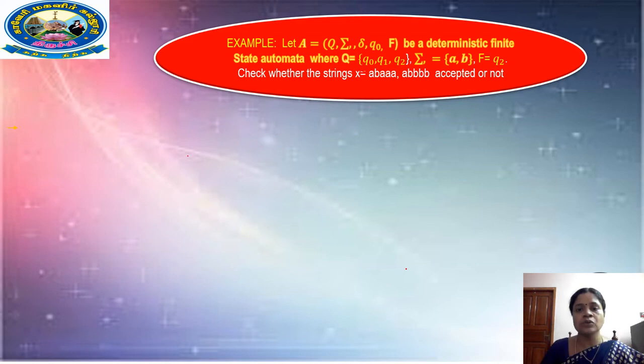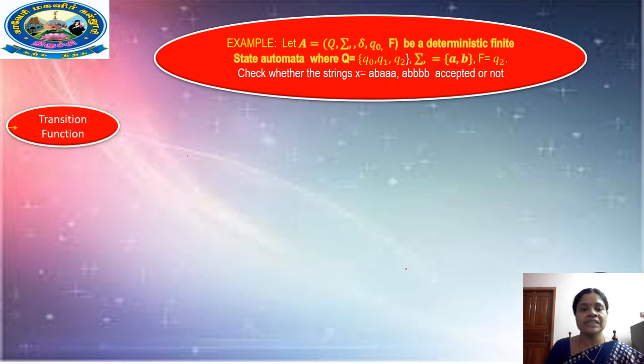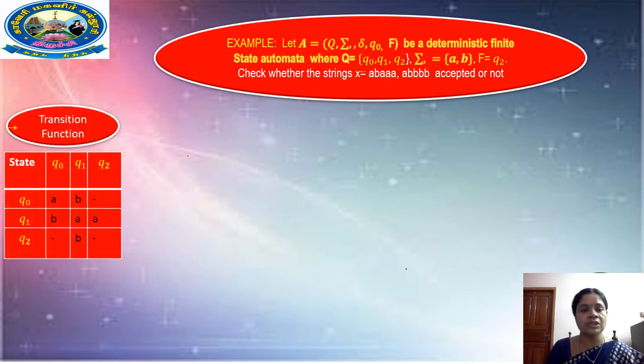Next, we are going to take two strings, ABA and AB, triple B, and check whether each string is accepted by the deterministic finite state automaton or not. First, let us take the transition function, which is given in a table like this.